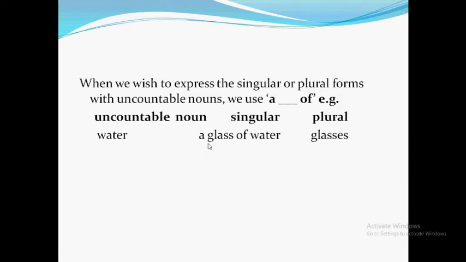Okay? So we also look at sand. We cannot say a sand, but we can say a bag of sand, and this is in singular form. When we take it to plural form, we say bags of sand.